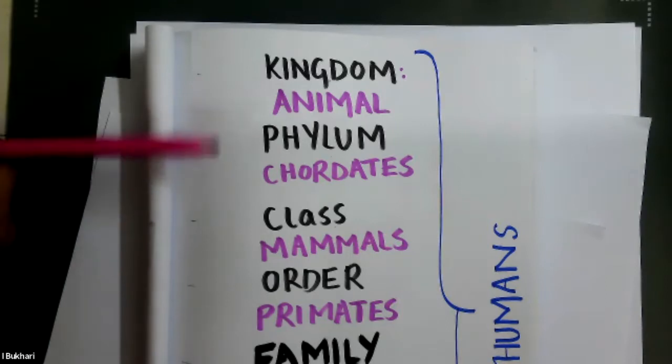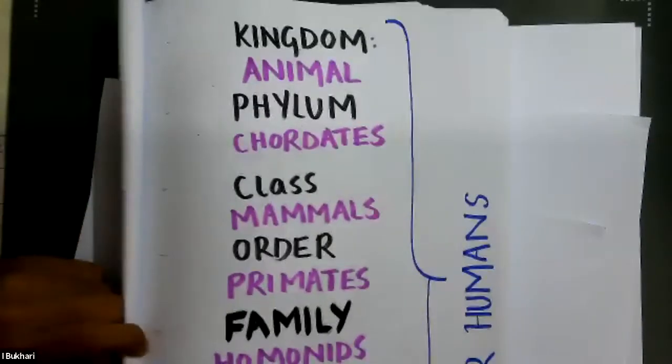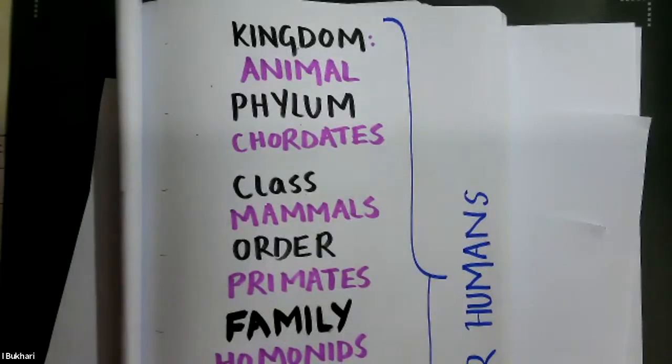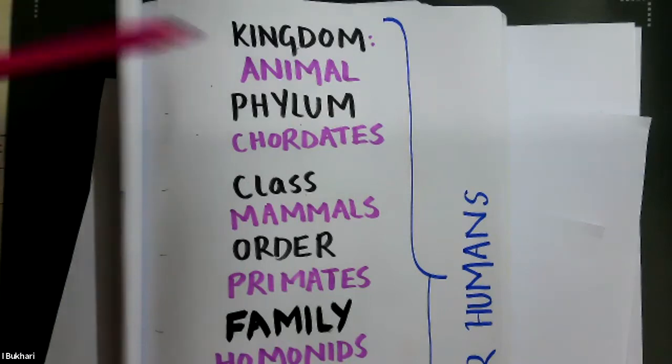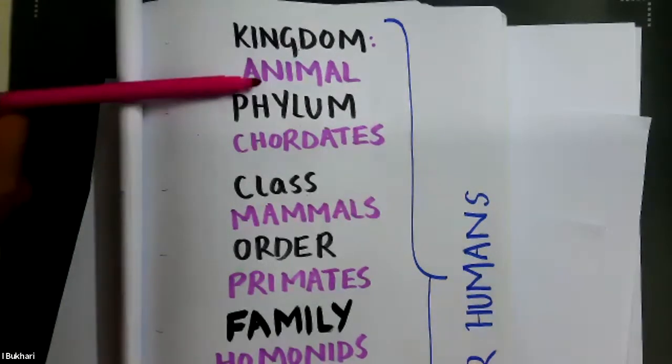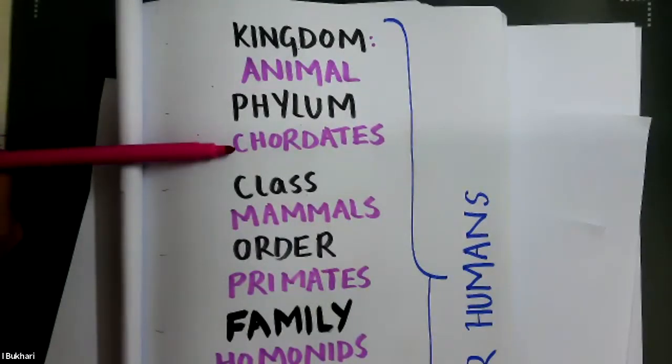Then phylum is much closer, you're getting closer to each other, and then class is even closer. All the animals are animals, but then some of them have vertebrae and some don't.